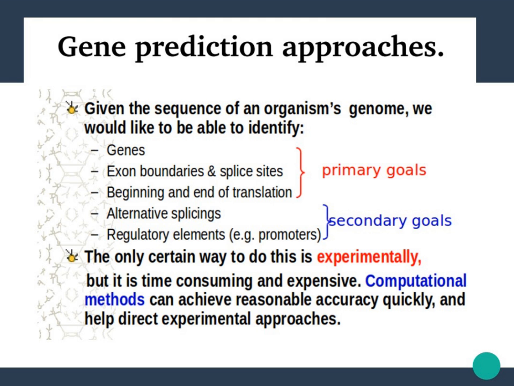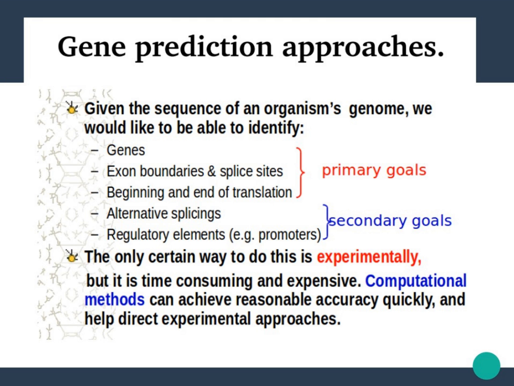As I mentioned, it is a complicated activity. The only certain way to do this is through experimental work. But we know it is a time consuming and expensive activity. So computational methods can achieve reasonable accuracy quickly and help direct experimental approaches nowadays.